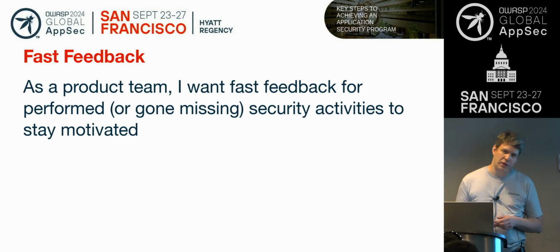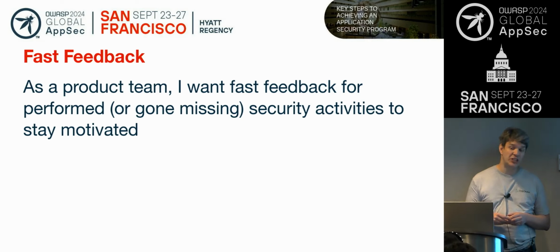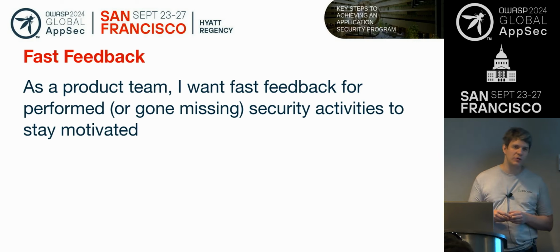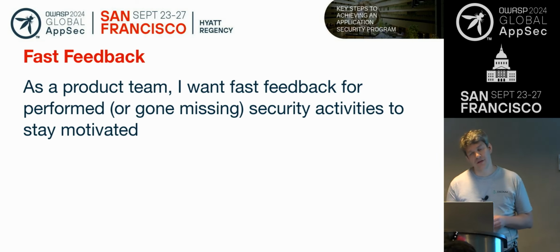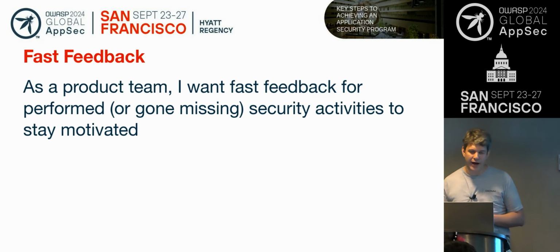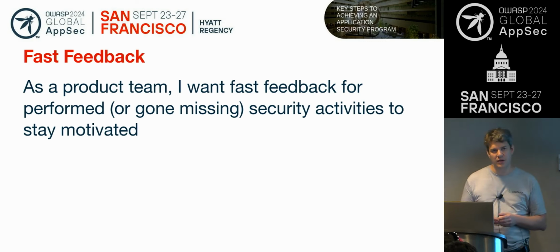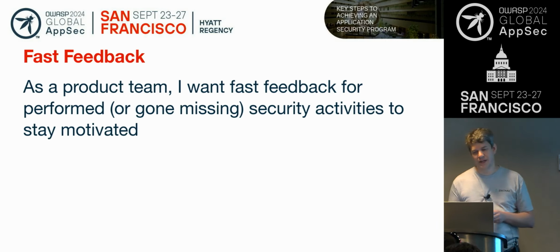What I have learned in the last years is that as a product team, I want fast feedback for performed security activities. And also I want feedback when they have gone missing. An example is security trainings. When you didn't do it in the past and then you start participating in security trainings, then you want this to show as a green flag that you have it implemented.